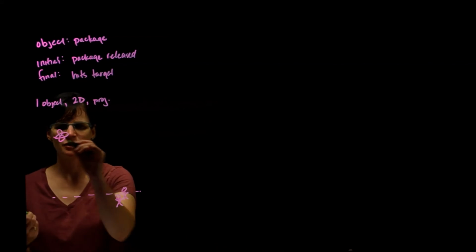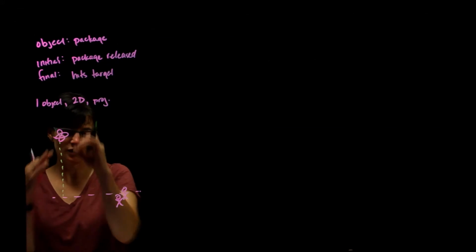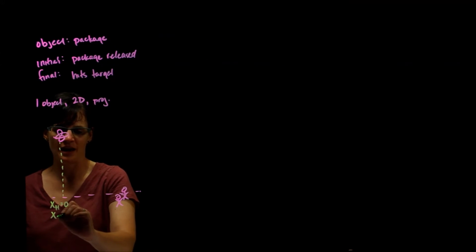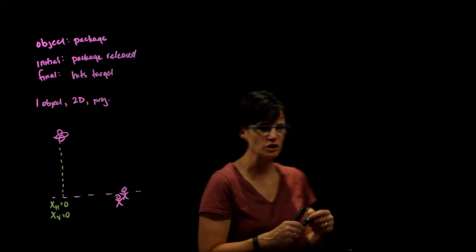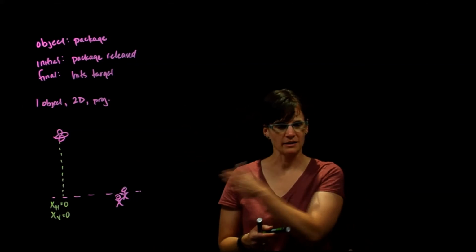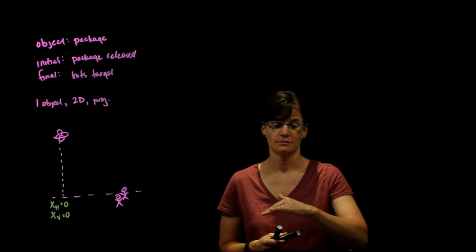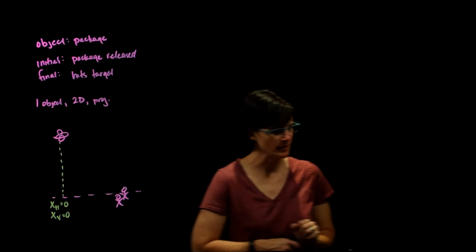So we have to define a position 0, an origin horizontally. So we have a horizontal origin of 0. And we have a vertical origin of 0. So I'm going to define my horizontal origin at the plane in the X direction, and I'm going to define my vertical origin at the ground in the Y direction. All right, so those are my origins.